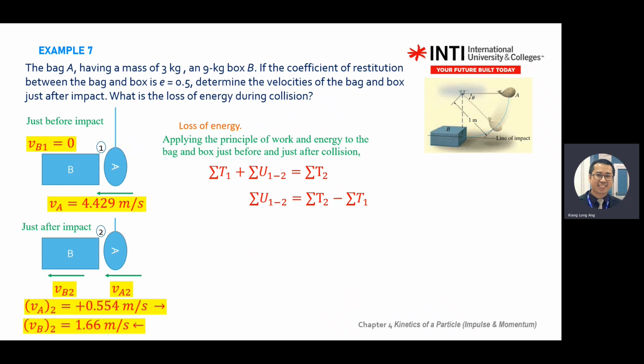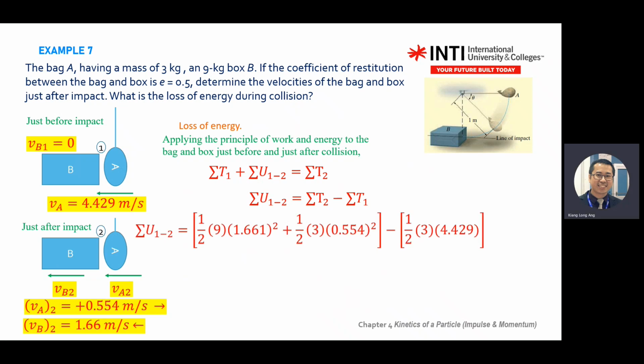Just in case you don't know which equation to use, right? So in this case, we use the principle of work and energy. So T1 plus work equals T2. You put in the work and the kinetic energy equation. So T2 is half mv squared, plus T1 half mv squared.